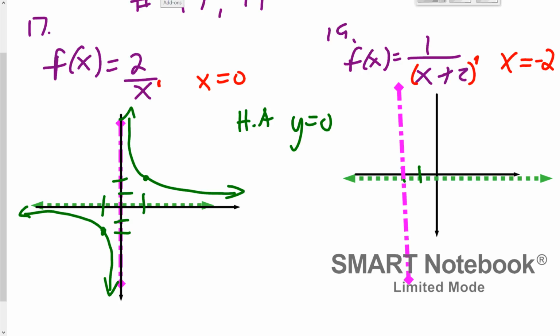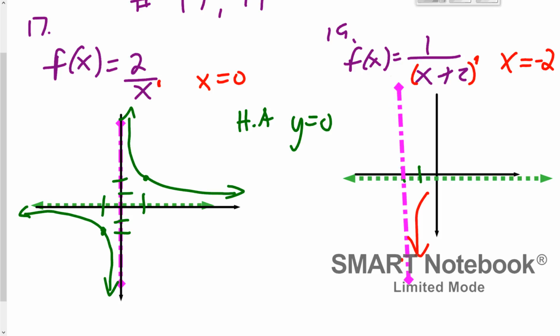So one should be going up, one should be going down, or one might be going down on this side and this one would be going up. So it's always going to go opposite of each other. With an odd number, it's going to go opposite along the vertical asymptote.